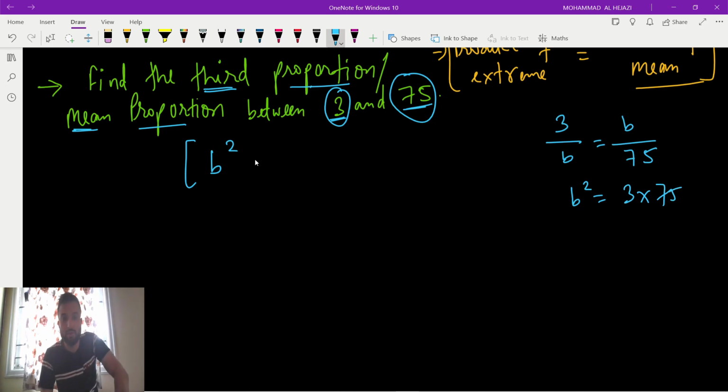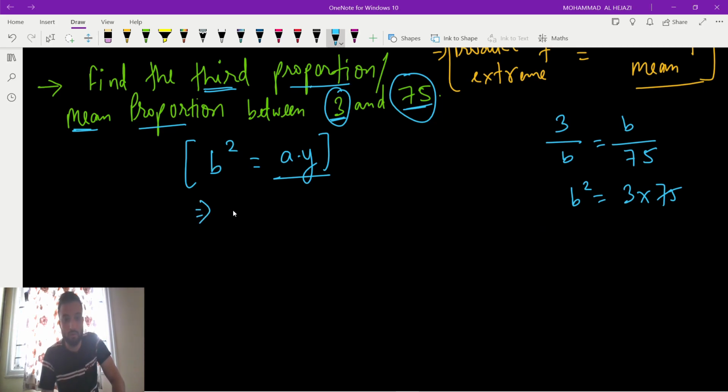That means B square equals A into Y. This is the formula for finding the third proportion if only two numbers are given, or to find the mean proportion when only two numbers are given. The two numbers become the extremes and we cross multiply. So B square equals AY.